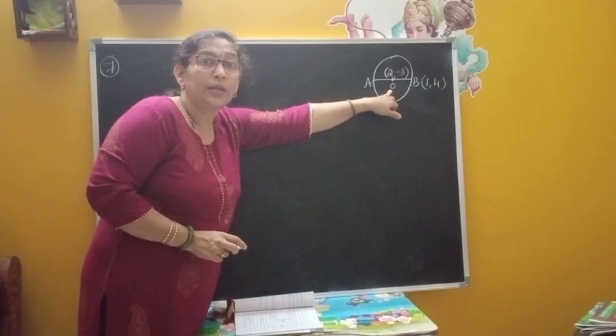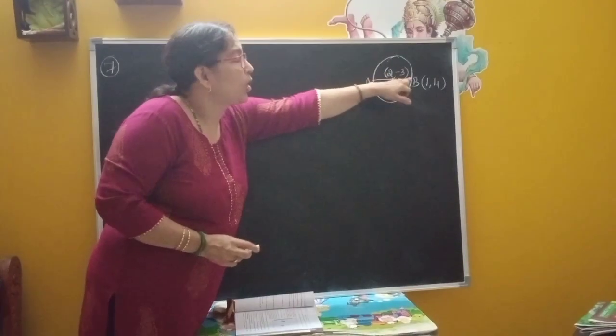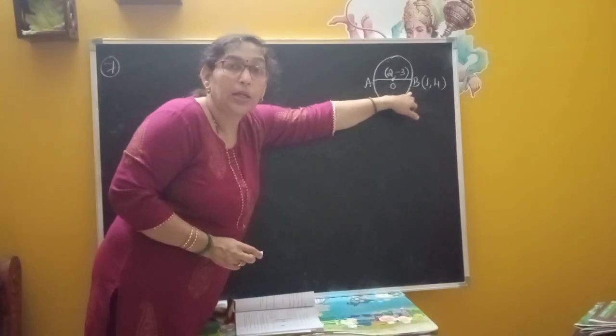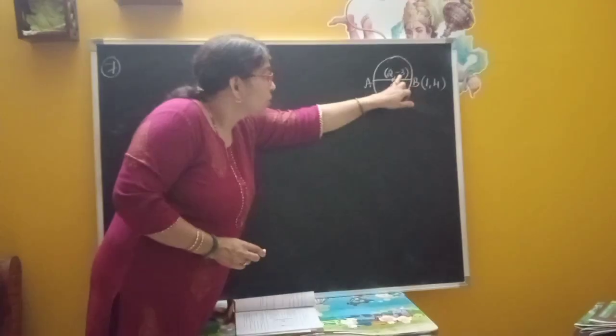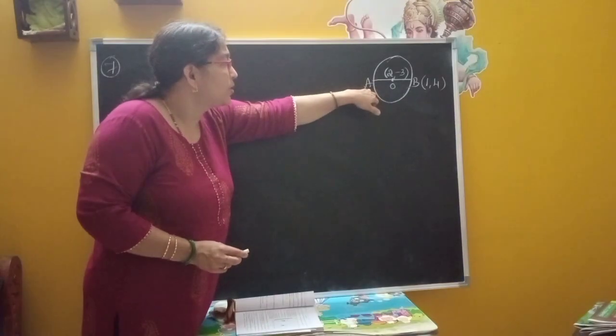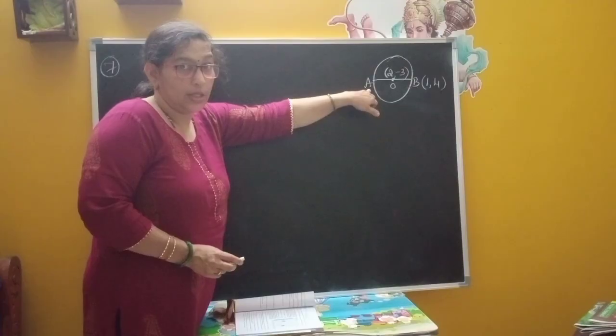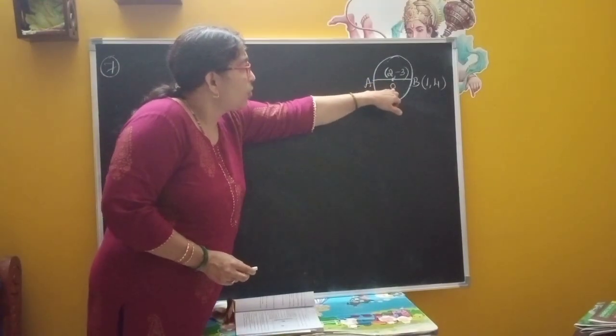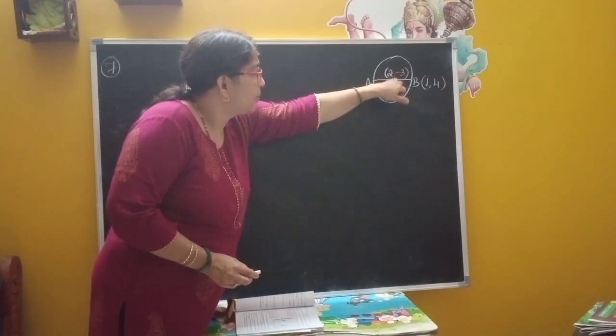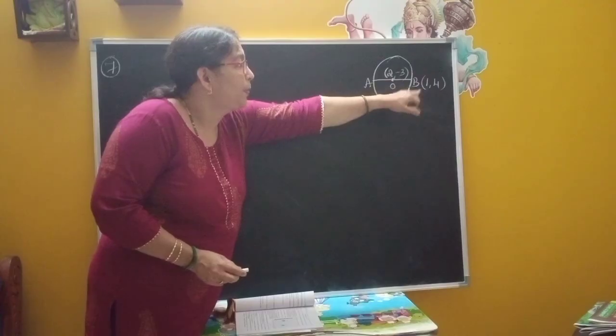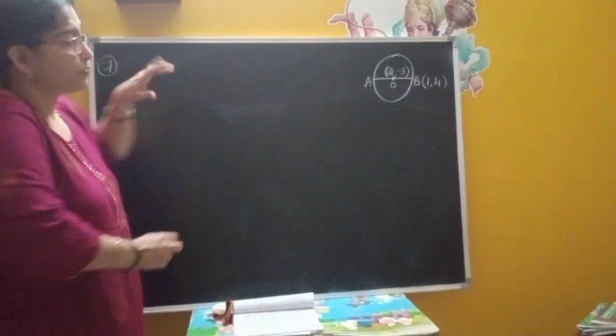Here O is the center of the circle, so it is the midpoint of the diameter AB. Let us consider the coordinates of A as (x, y). O is the center, that is the midpoint of AB, and B (1, 4) is another point.